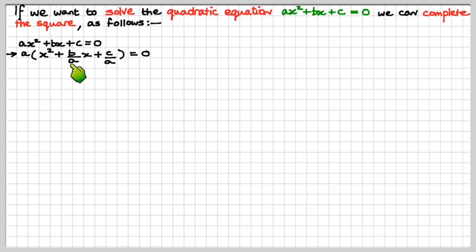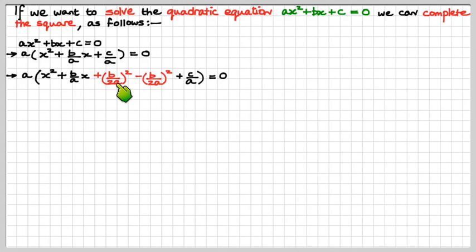Okay, now we have to complete the square, so I've got to do half of this b over a coefficient of the x term here, and then square it, and then take it away again straight away. Alright, yes, so that's b over 2a, all squared, minus the whole thing. So I haven't altered the equation, and so the left-hand side still does equal the right-hand side. Next step.